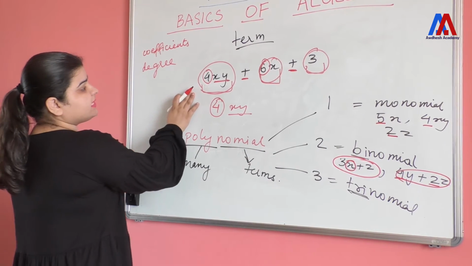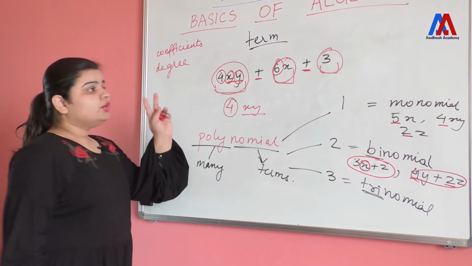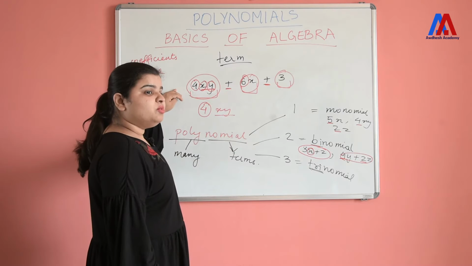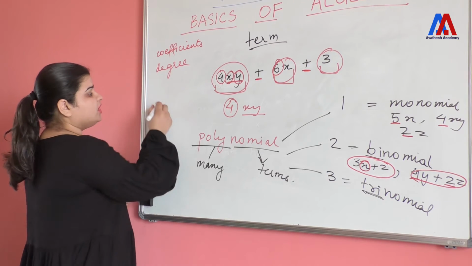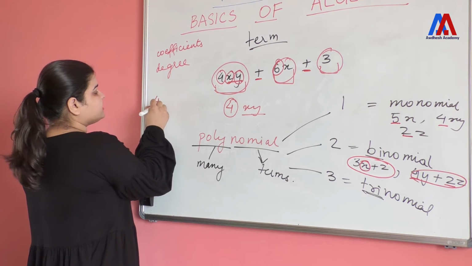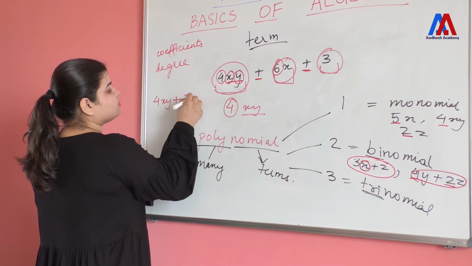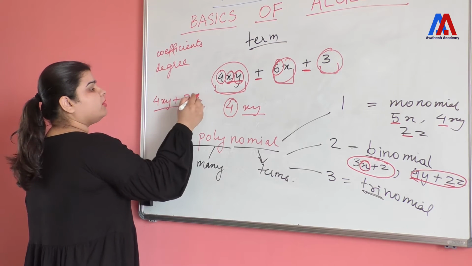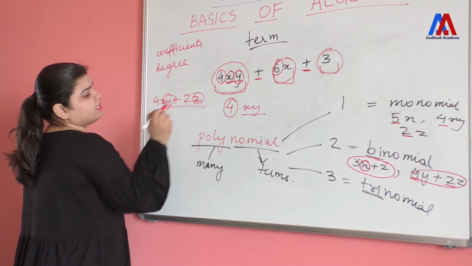Here, for example, we have 4xy. x and y are two variables here, so we'll call it a polynomial of two variables. Likewise, we can have many such examples, like suppose we have 4xy plus 2z. This would be a polynomial of three variables, x, y and z.